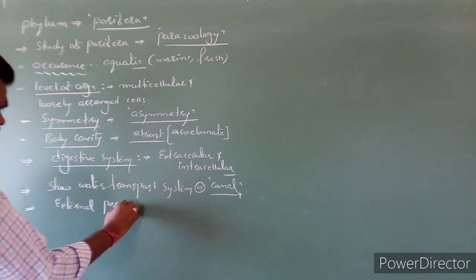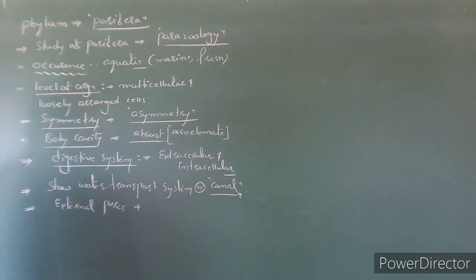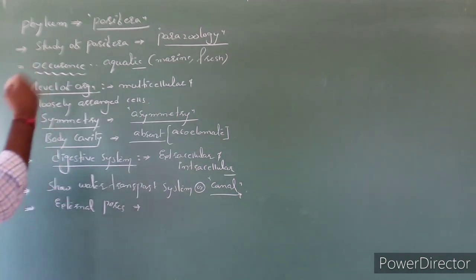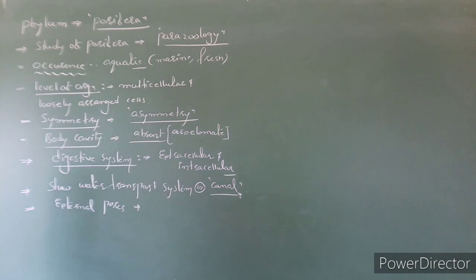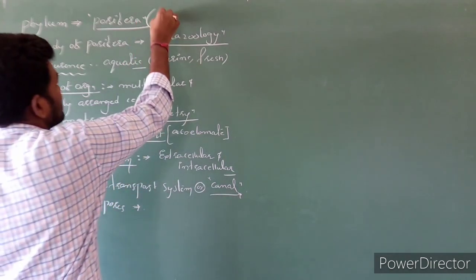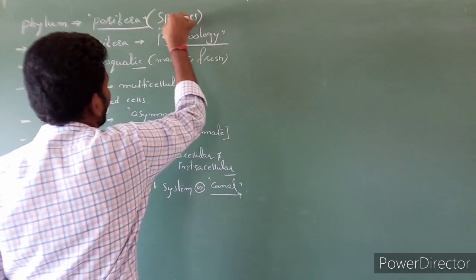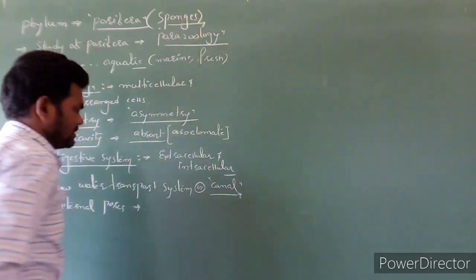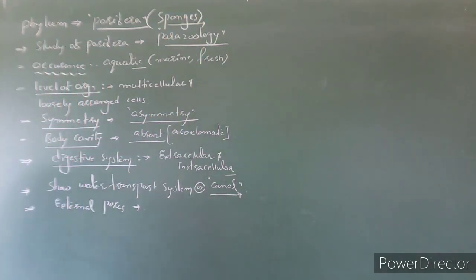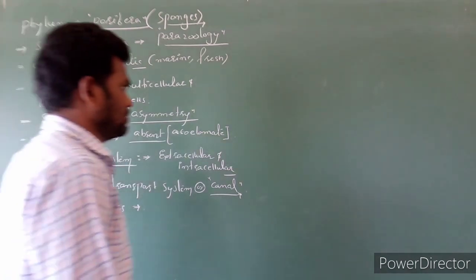A number of external pores are present, and through them water moves into the body as well as goes out from the body. Clear? So that's why it is called Porifera, and it is also well known as sponges.